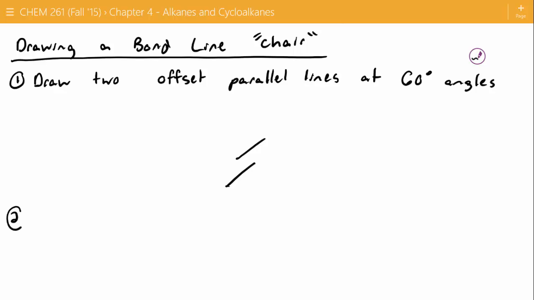Number 2 is draw triangle ends above and below to connect.